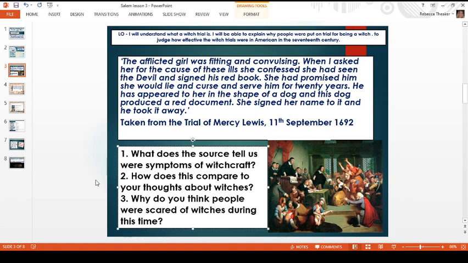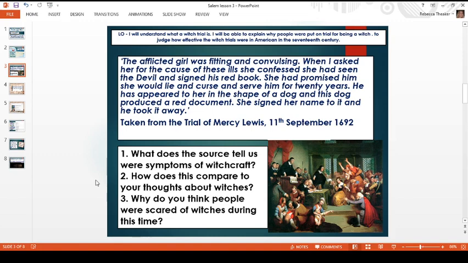Scared of witches during this time? Well, you've got to remember what I said at the start about this being a Puritan community. They are God-fearing people and they're very much frightened of anything associated with the devil or hell and the impact that could have if you were seen to be close to the devil or doing anything that you weren't supposed to. So anything that was deemed bad or anything that was condemned in the Bible was a major sin.